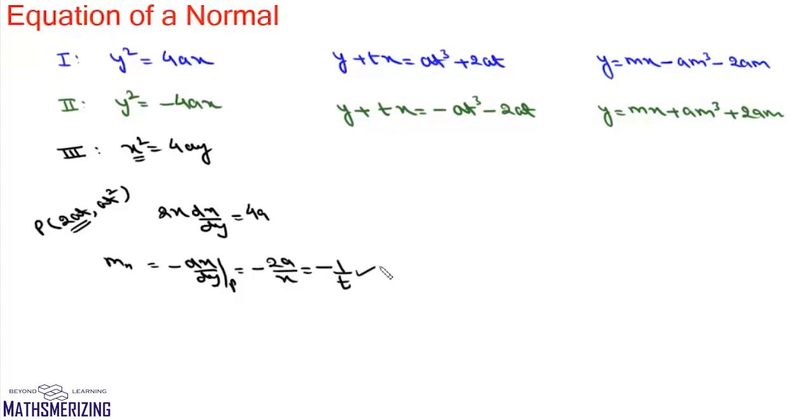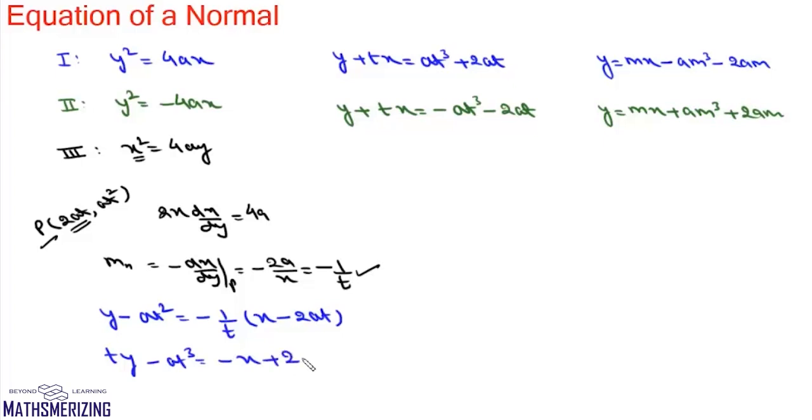So now we have this slope and we also have this point. So we can write this equation as y minus y1, y minus at square, equals minus 1 upon t times x minus 2at. So we can write this equation as ty minus at cube equals minus x plus 2at.